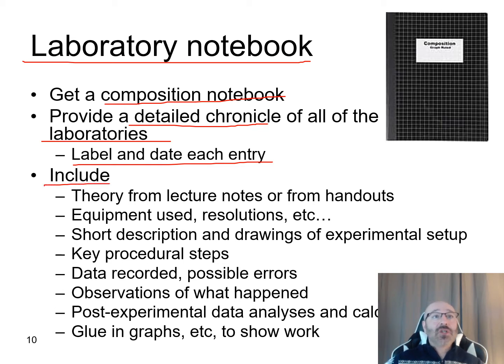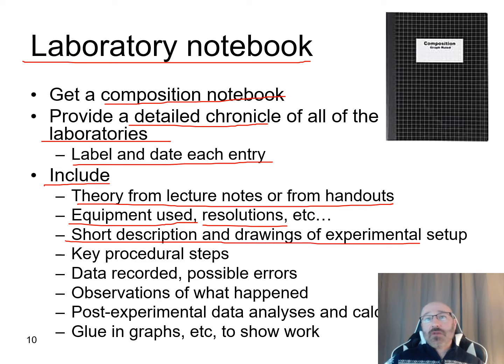Within this, you should include the theory from lecture notes and handouts. You say, okay, in lecture 2 on the 5th slide, I saw this relationship, this governing equation I'm going to use, so you can quickly go back and utilize that when writing up your lab reports. Include what equipment was used, resolutions, short descriptions and drawings of your experimental setup, key procedural steps, and data recorded, such as what your data acquisition rate was.